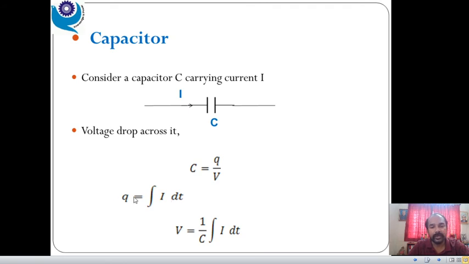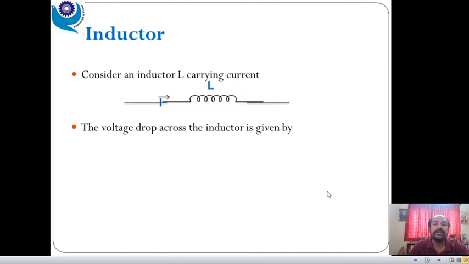If we take the derivative, the integration cancels and we get I is equal to dq by dt, the same as before. So the voltage across the capacitor is V is equal to Q by C.